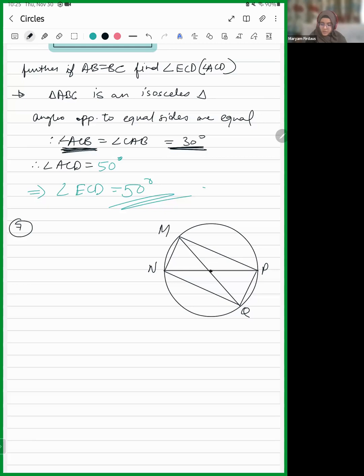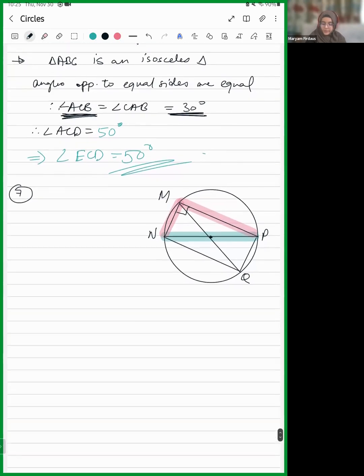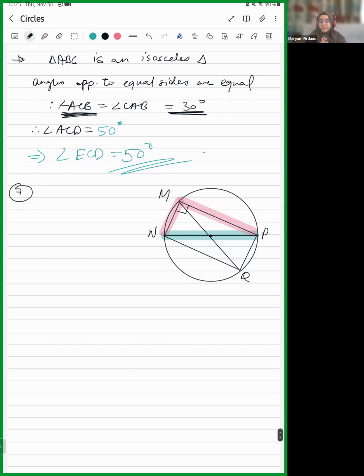So if this is the diameter, then the angle it is subtending, which is this one, is going to be 90 degrees, right? This angle is going to be 90 degrees. For those of you who do not remember, let's revise it.